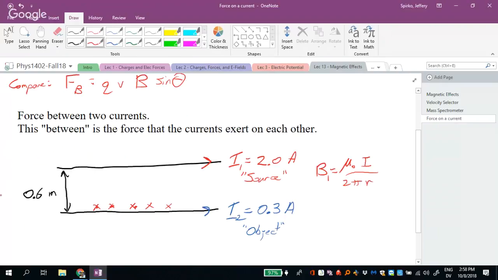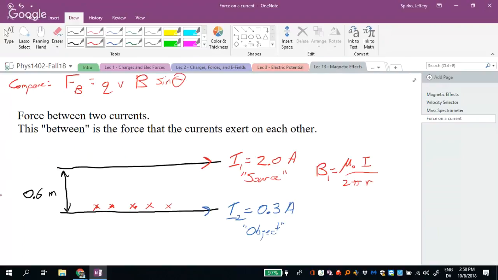So you're saying that these currents, they're perpendicular, they're not parallel? The currents are parallel to each other. They're going side by side. Both currents are pointing in the x direction. Why are the X's curving from the top to the bottom? The X's are created by the source.